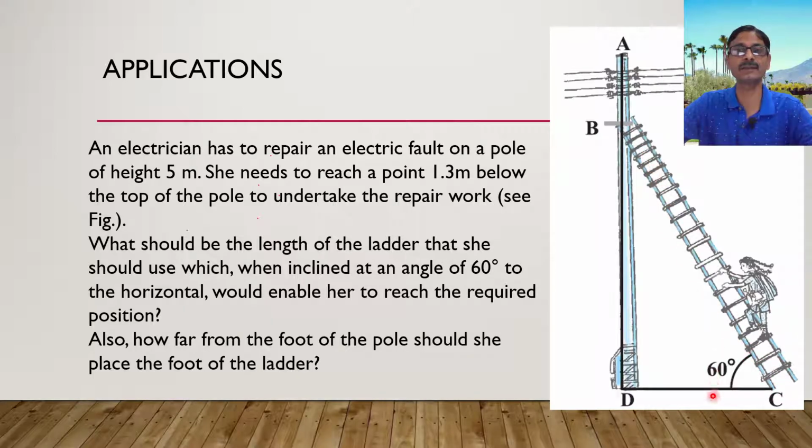She wants to keep it at 60 degrees, and what should be the length of the ladder? Also, how far from the foot of the pole should she place the foot of the ladder? How far should the foot of ladder be from foot of pole? This is the problem, so let us work upon it step by step.